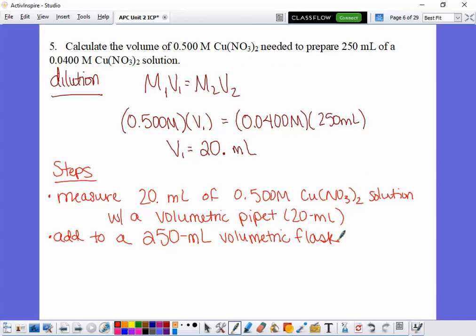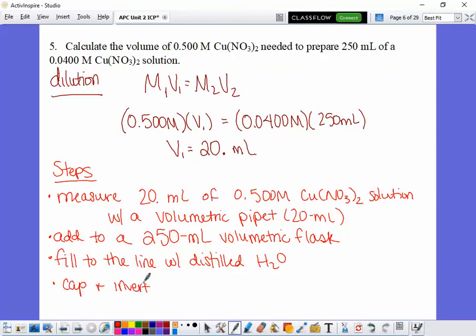Fill it with distilled water until we reach the line. And then cap and invert a bunch of times to mix.